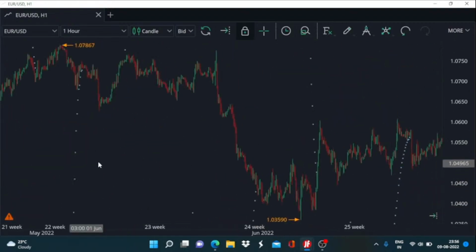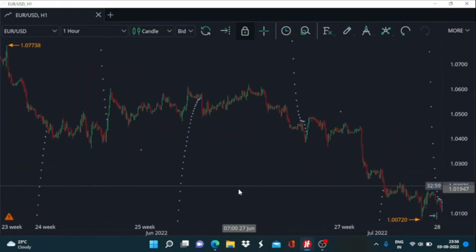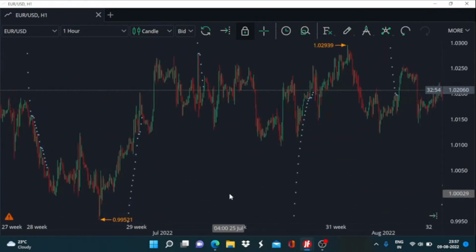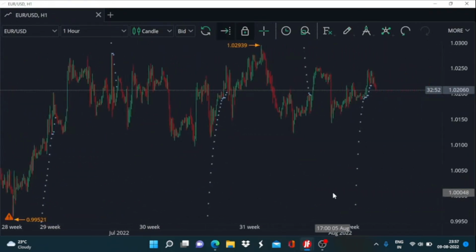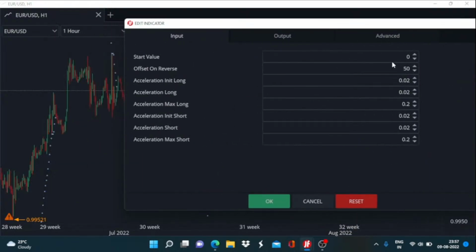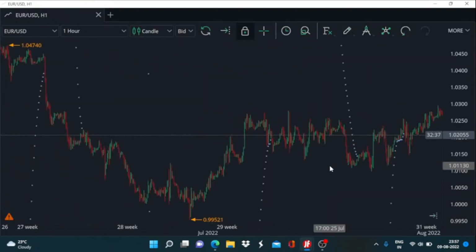So this is not really helping our cause of determining the trend, and rather than looking for signals which can be useful for our trades, we have to reduce the value. Now I am using 10.